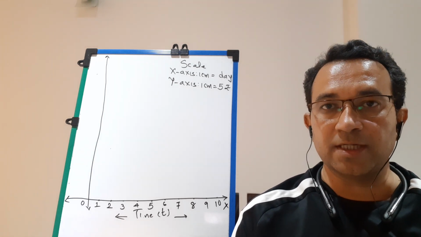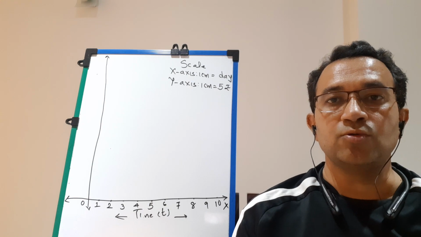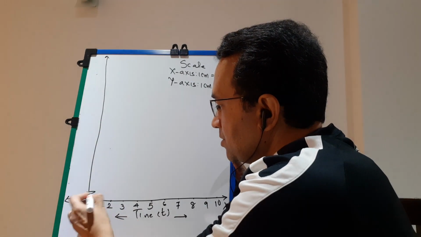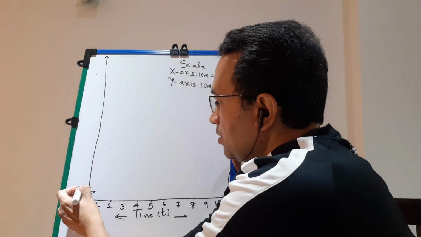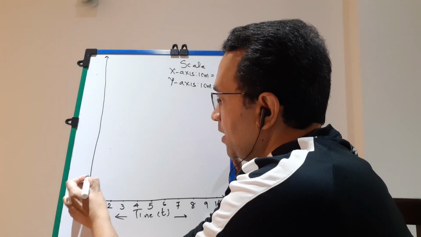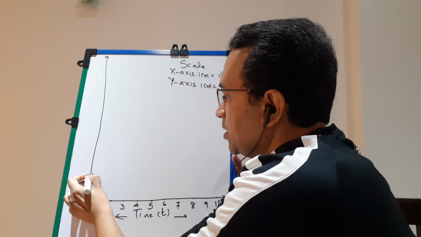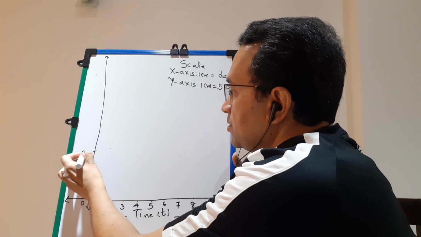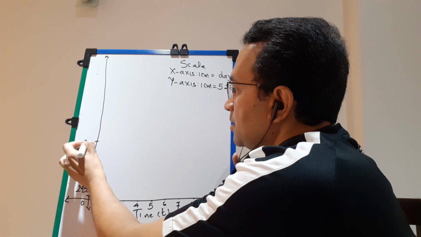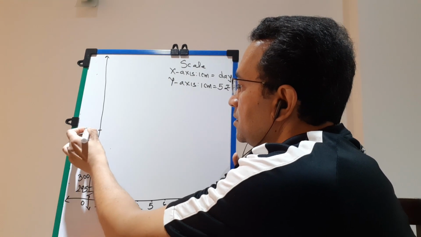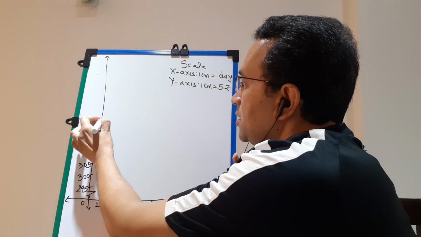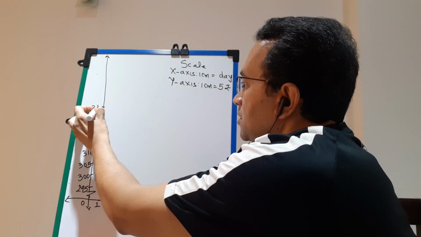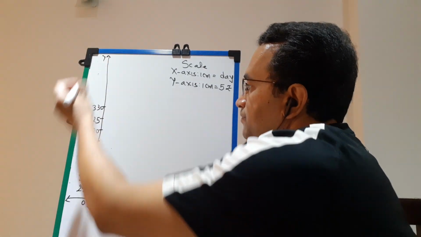We will take a broken graph and students start from 295. So say this is the broken graph, 295, 300, 305, 310, 315, 320, 325, 330.